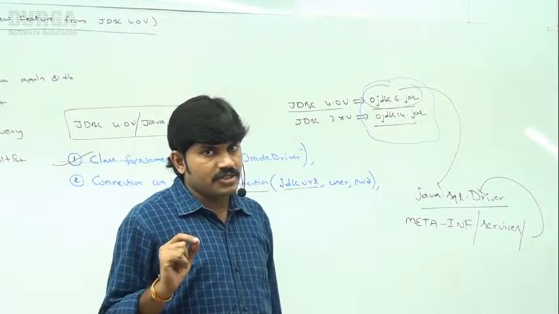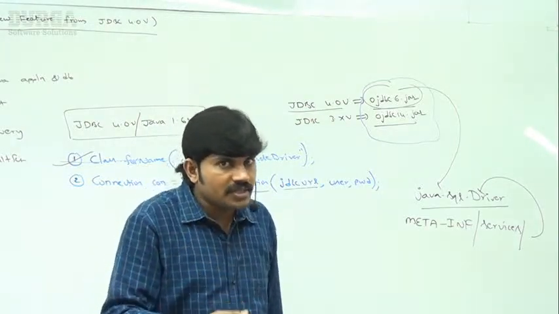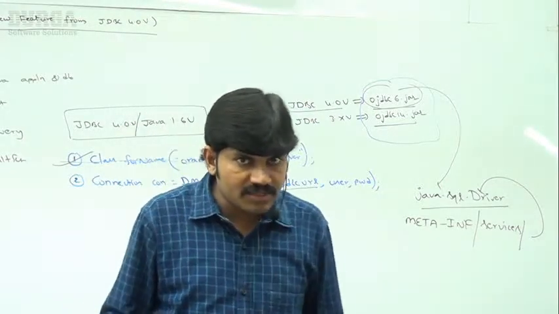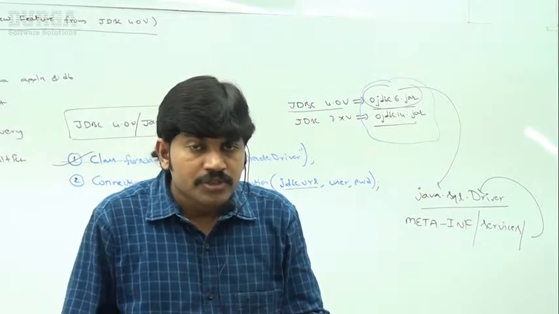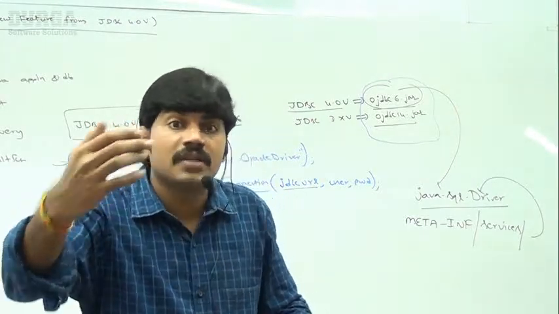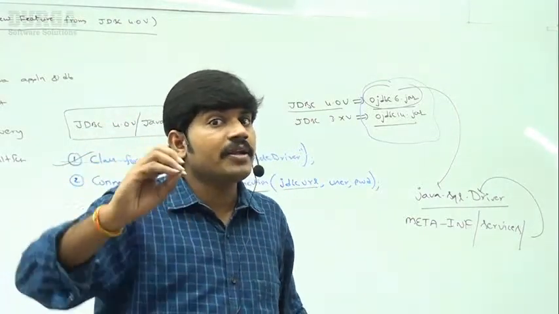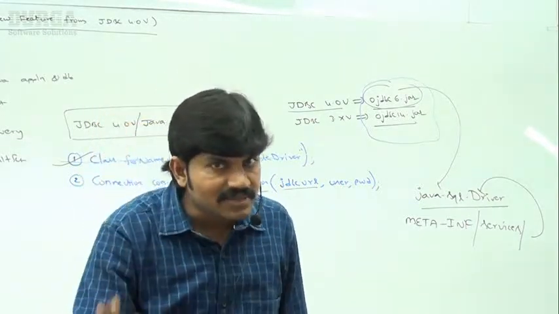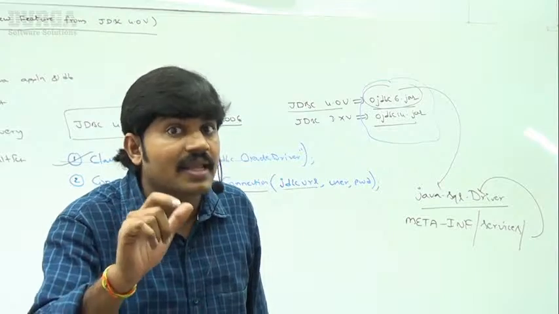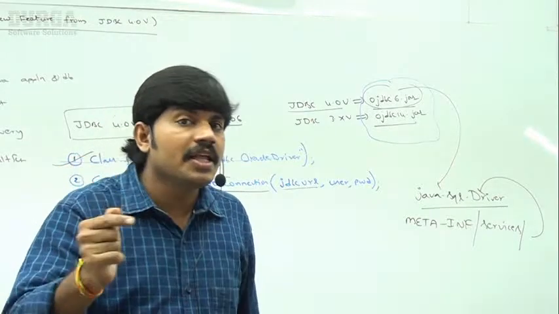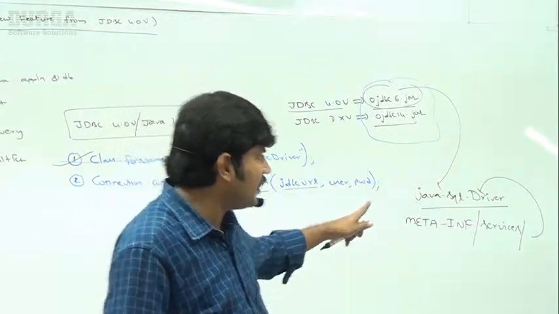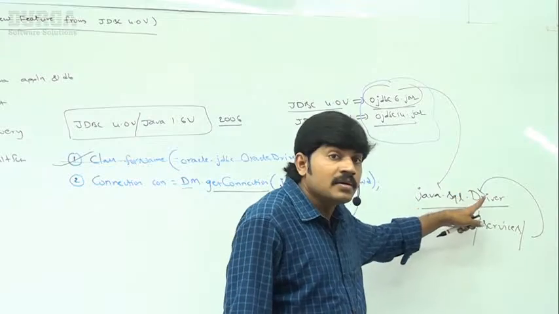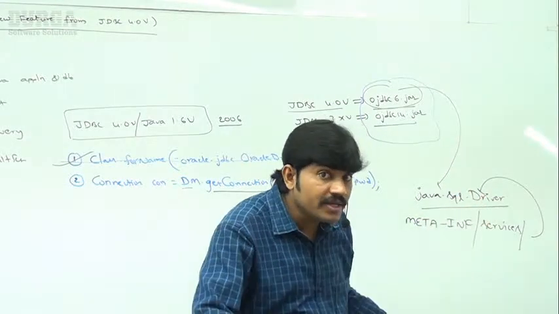In which version did auto loading of the driver class come? JDBC 4.0. From JDBC 4.0 version onwards, in the corresponding driver software jar file, there is one special file. What is the name of that file? The driver file. What is the name in OJDBC6.jar? The java.sql.Driver file. Where is it available?